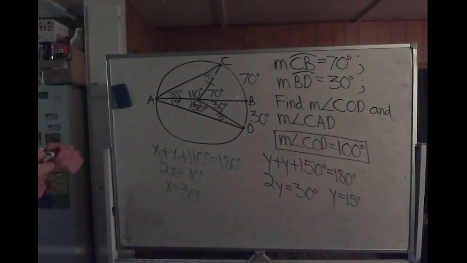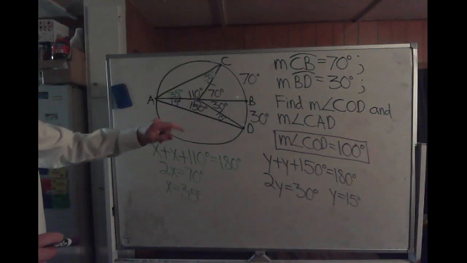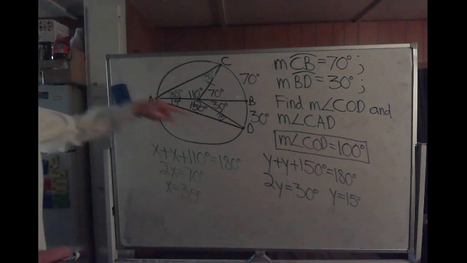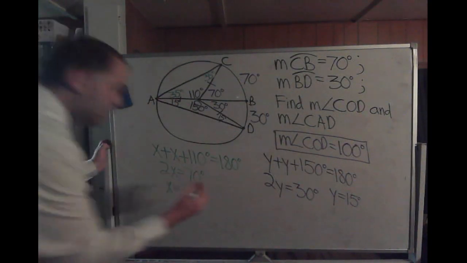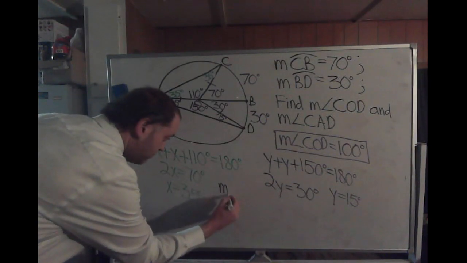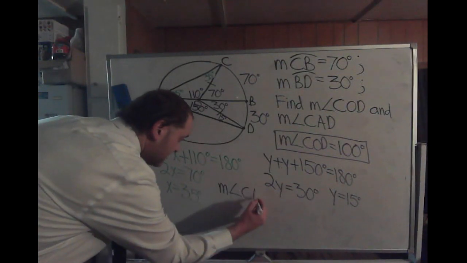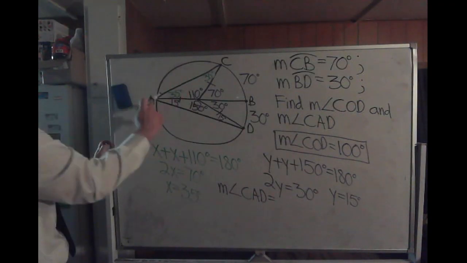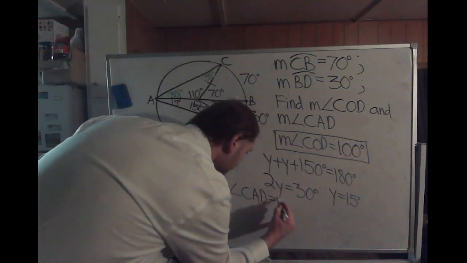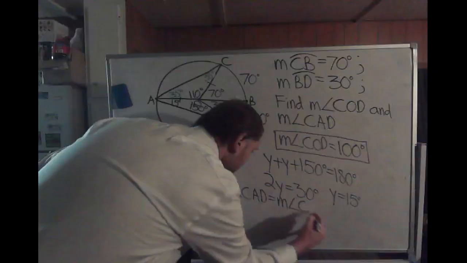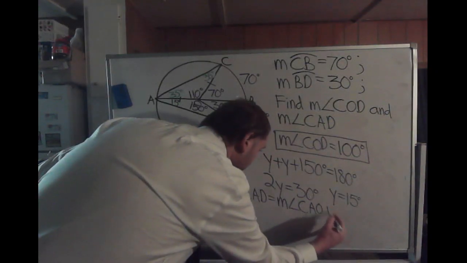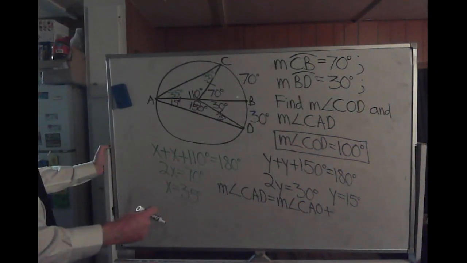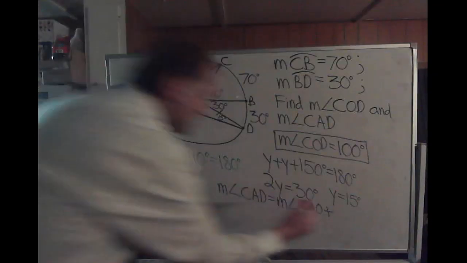Now that we've solved for these missing angle measures, we can go ahead and find the whole sum of angle CAD. Just use your angle addition postulate. The measure of angle CAD is equal to what? The measure of angle CAO plus the measure of angle OAD.